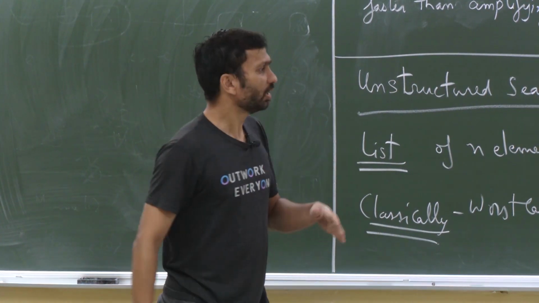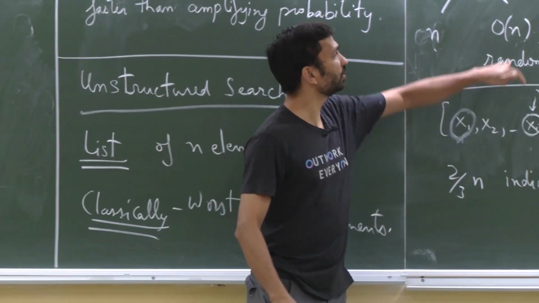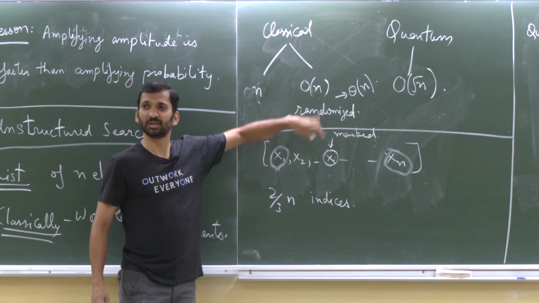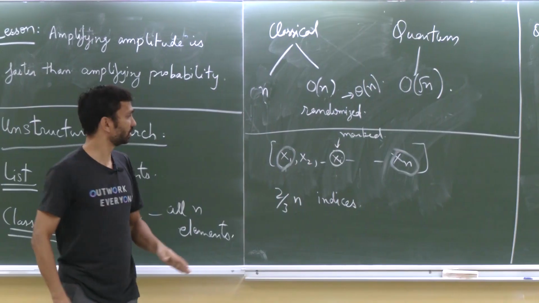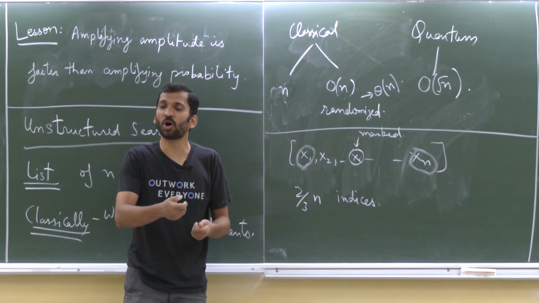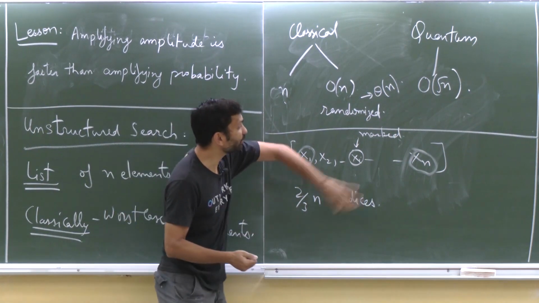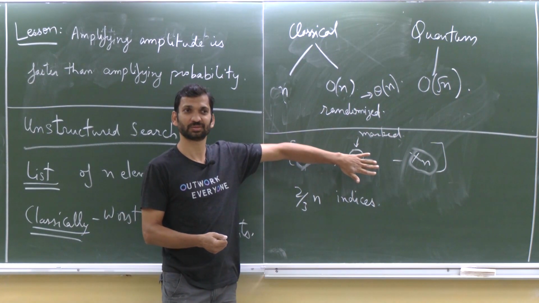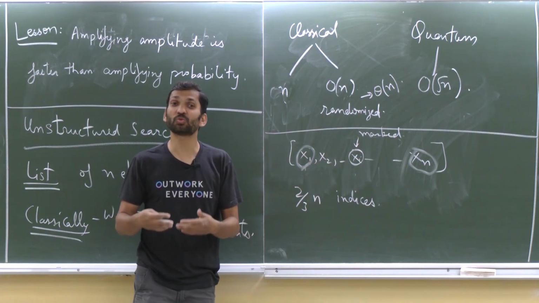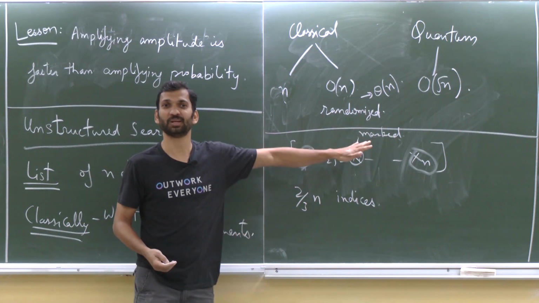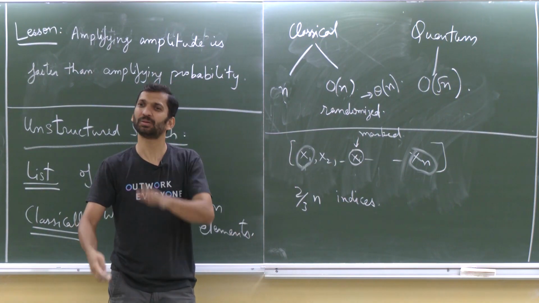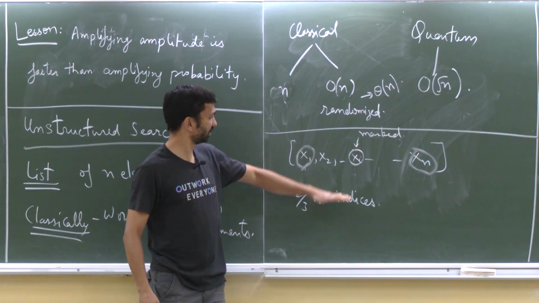Since we do not worry about the constant with the n, we can even assume that I pick an index i, check whether it is Satvik or not, and after that I throw that element back into the list. I will not worry about whether I have already checked that element. I can once again get that element back. The probability is still going to be small.